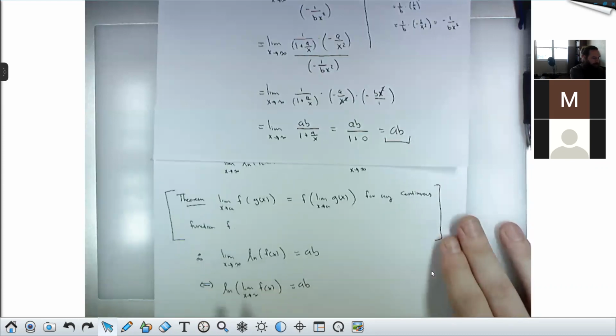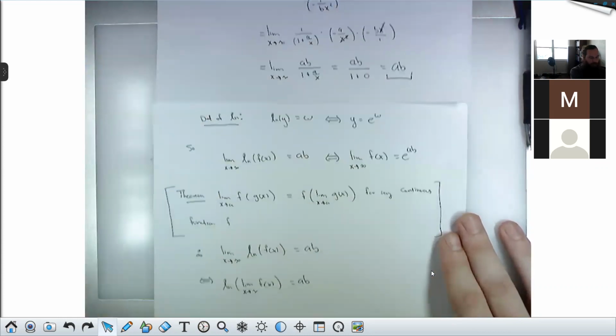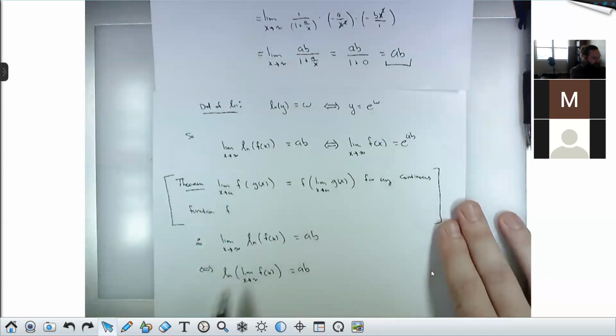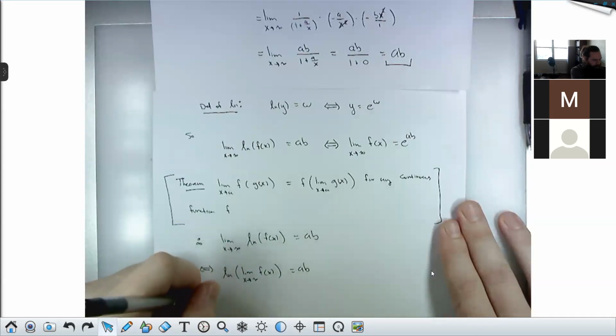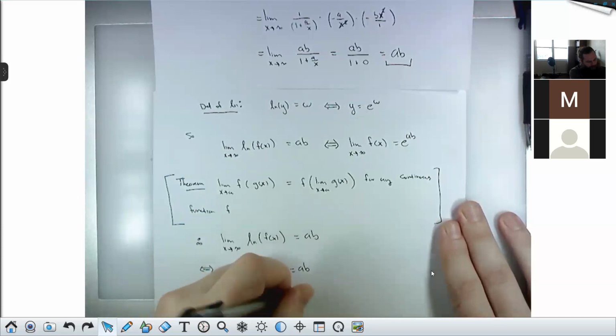And now I can apply the definition. Now I'm at a place where I've got the ln of something equals some number. So you can undo the ln using the definition of the ln, and you get the limit as x goes to infinity of f of x equals e to the ab.